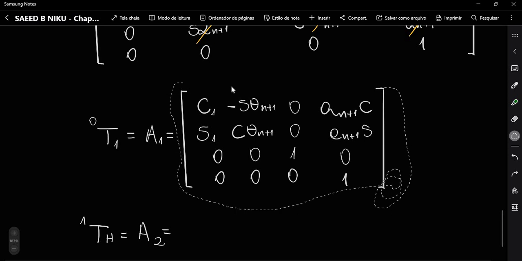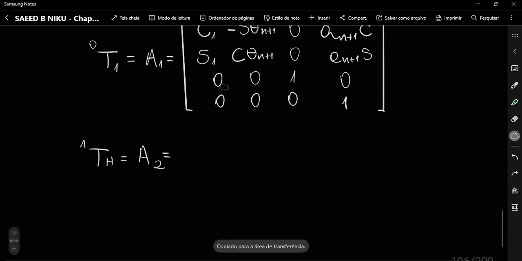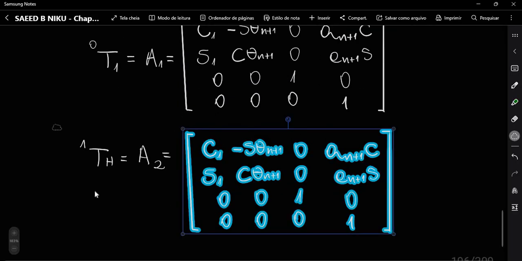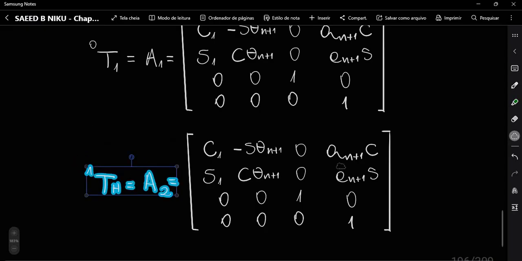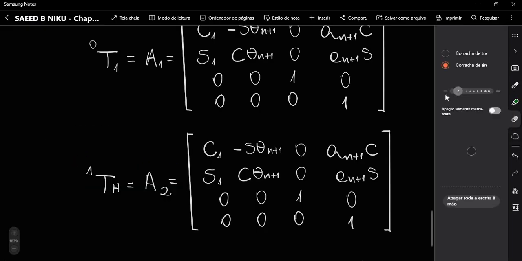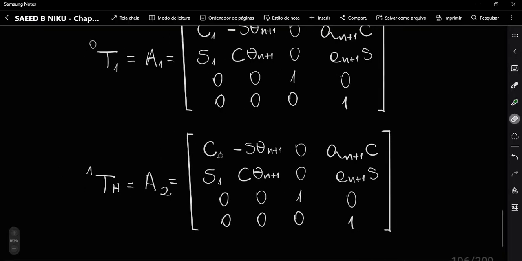And this is why I said that this solution also solves for theta 2. So it is a generic solution to solve for any value of theta 2. So C1, 2, S2. Right here we don't have theta, it's just C and S.